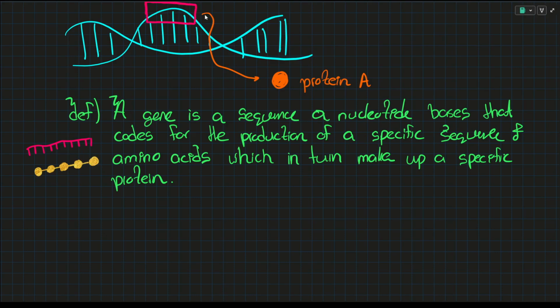And those amino acids later are going to fold into some form of a specific protein. Some kind of a protein. That would be the formal definition of what a gene is. That would be the entirely laid out definition.